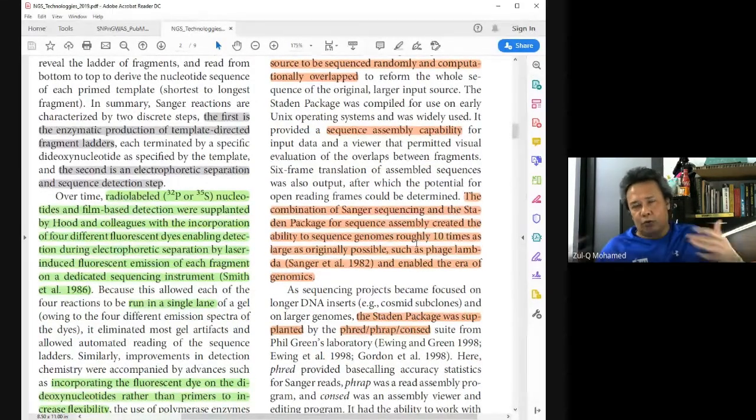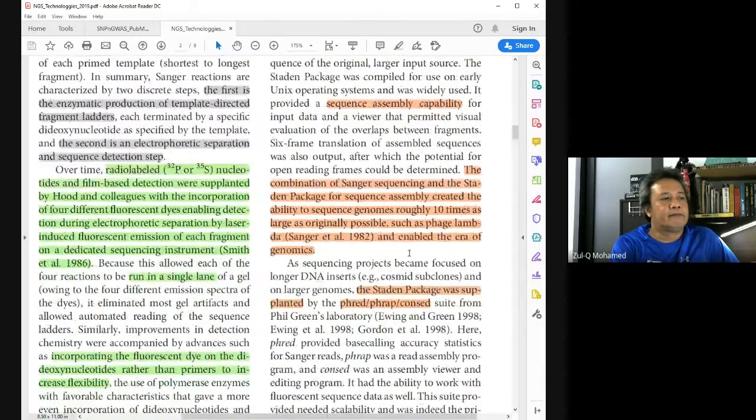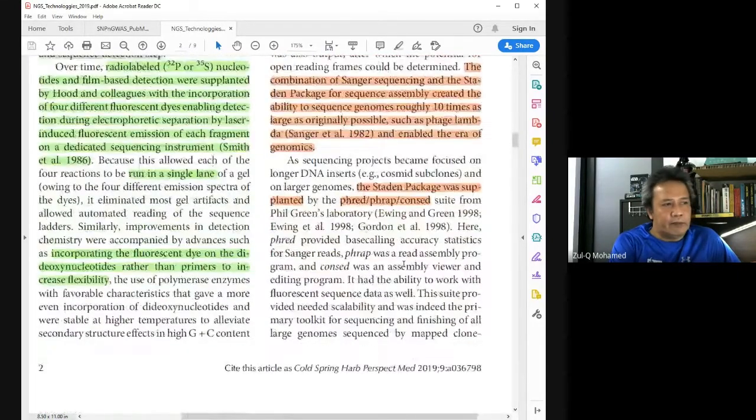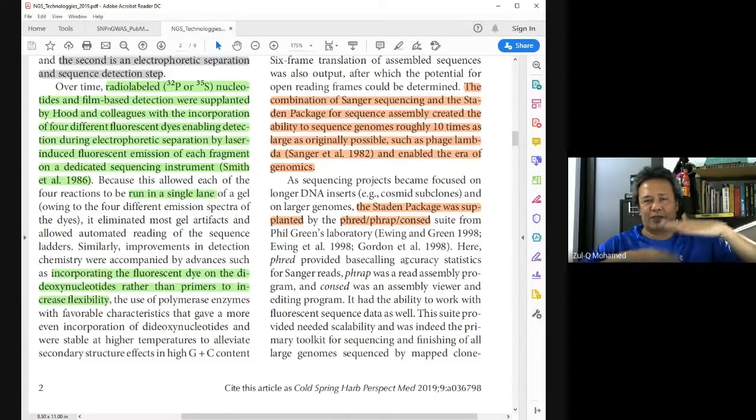So they grew from sequencing small clones to larger clones, and you have this software that allows you to compare between clones. That was in 1990. Then there was an improvement with assembly. When you're talking about assembly, you're talking about computing ability to find matches, and that even now is a continuously ongoing improvement.